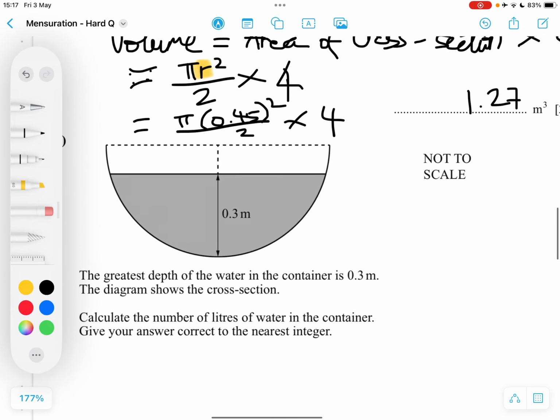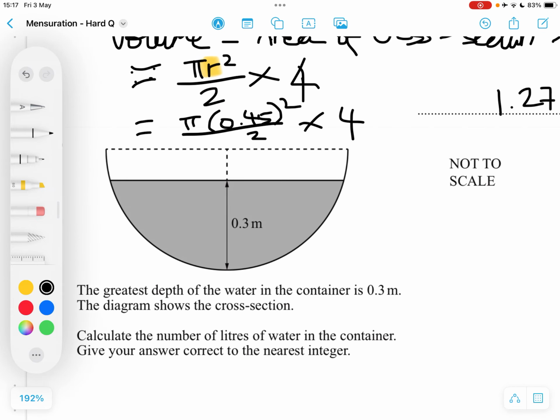So how do we find the area of this segment right here? Well, if we draw a straight line from here to the center of the semicircle, like that, and include this part, we have a sector.